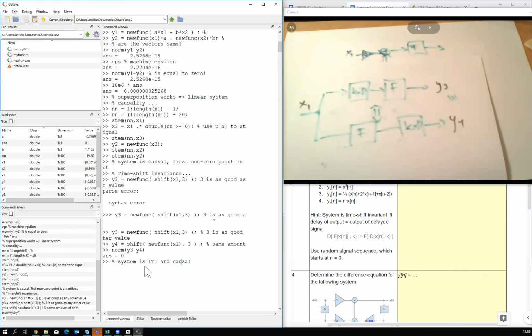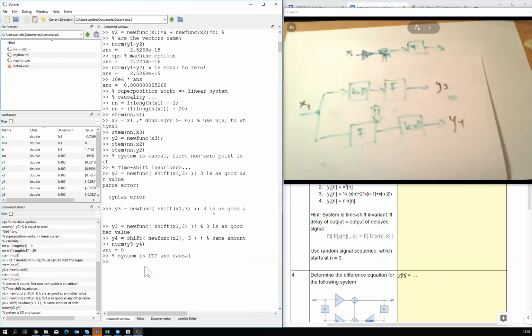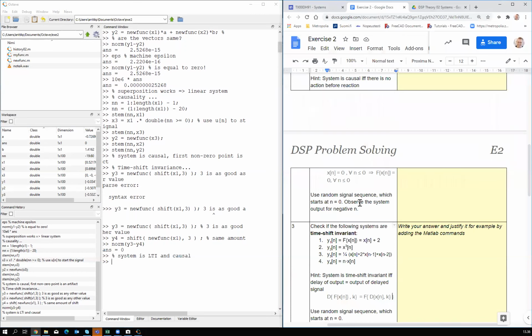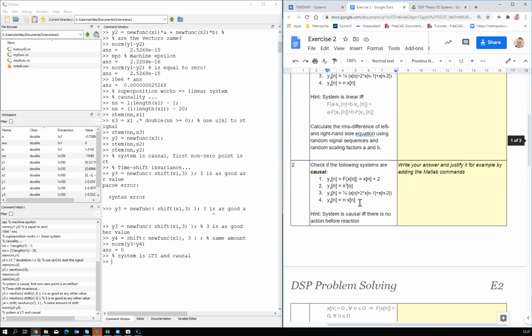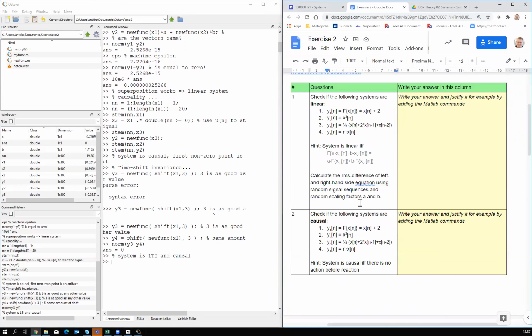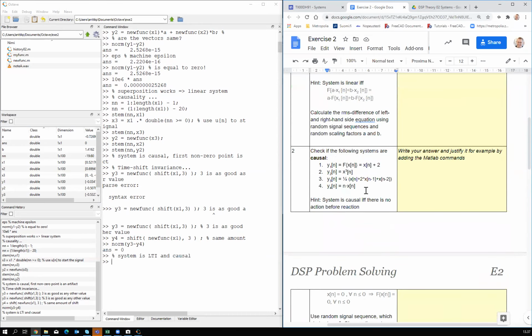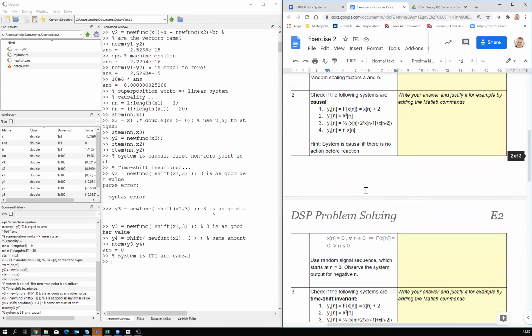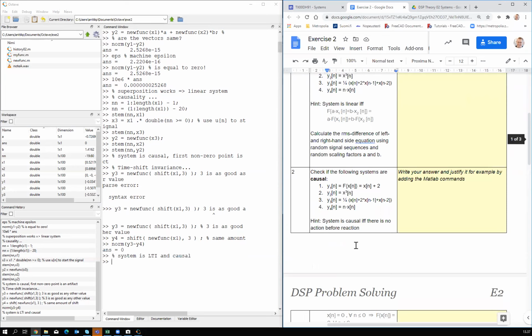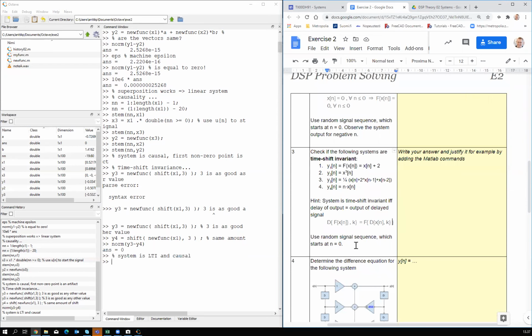Linear, time shift invariant, and causal. Hint for these 1, 2, 3 exercises: there are 4 different systems, and I think they are quite different. There are nonlinear systems, non-time shift invariant systems, and non-causal systems also. So you just need to do the math and then interpret the calculation results.